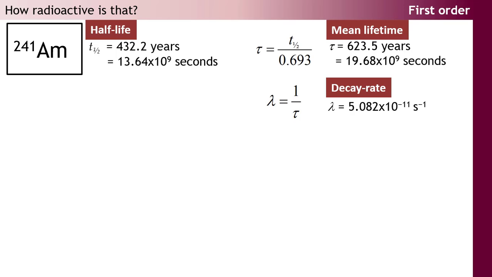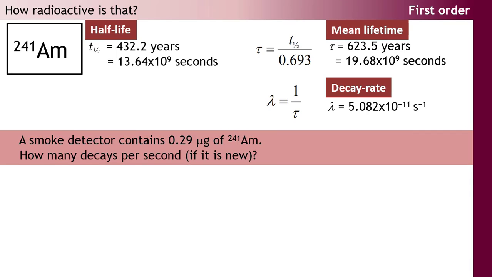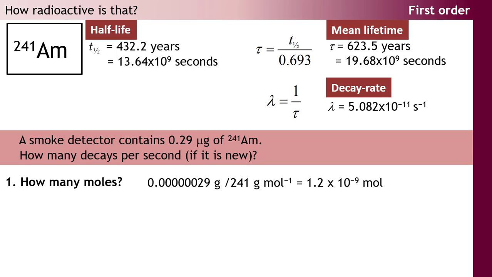Let's apply that. Just how radioactive is my smoke detector? Well, these days they all contain 0.29 micrograms of americium-241. Of course this value will decrease with time, but to become half of this value your smoke detector has to be 432 years old, so antique. First up, change micrograms into moles, and then moles into the actual number of atoms of americium-241.